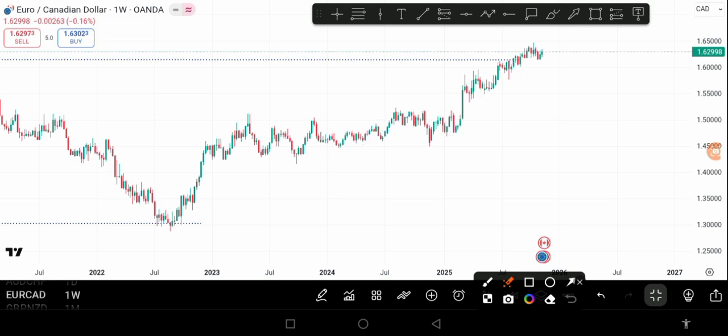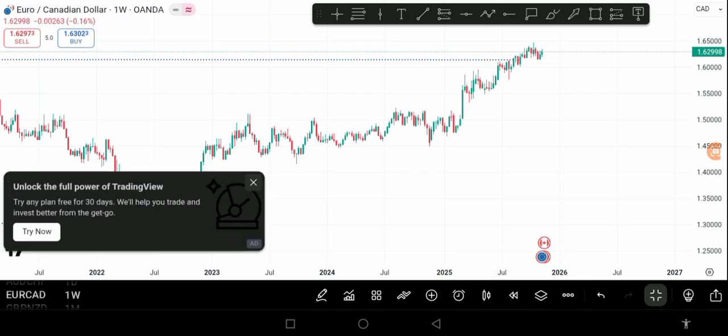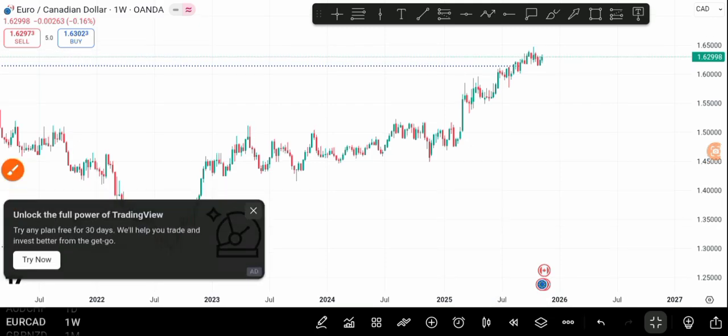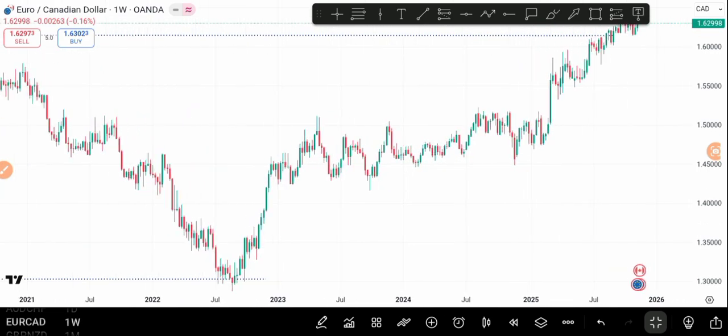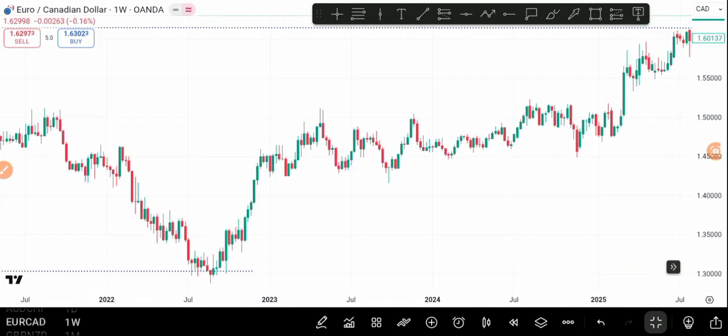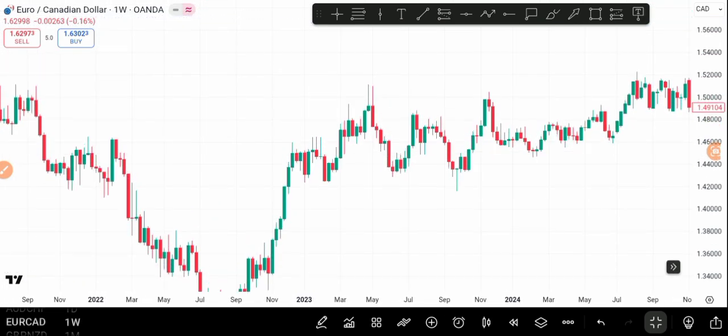It is an uptrend, this leg, and I want us to check what is happening. I want us to mark all the structures to the upside. Now let's do it. Let's start from this point here.